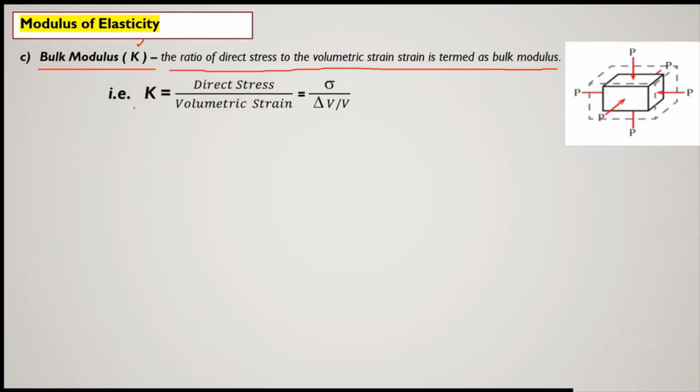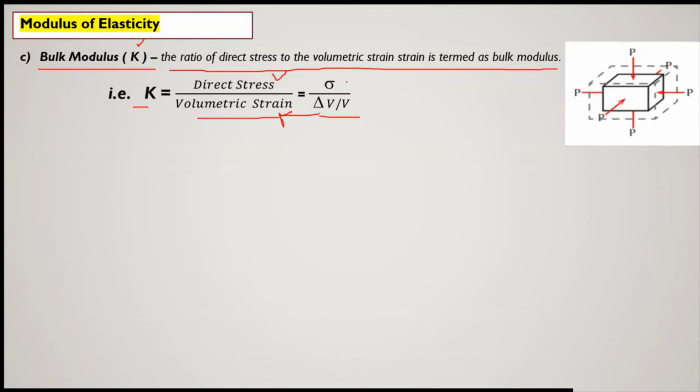So in the case where some pressure is acting on the body, we will use the term bulk modulus, which is the ratio of direct stress to the volumetric strain. Because in this type of structure, when forces are acting from all three dimensions, there will be some change in the volume, and that change in volume divided by the original volume gives the value of volumetric strain.